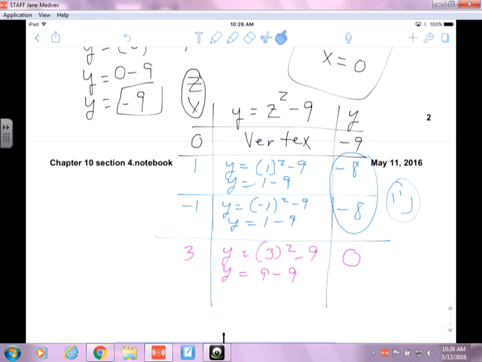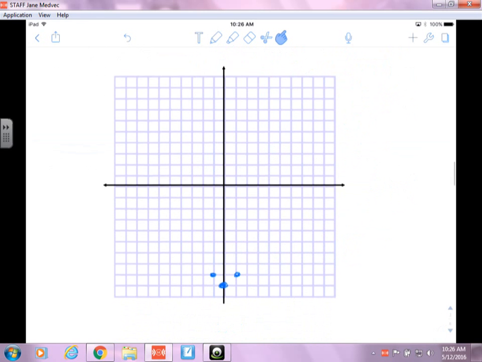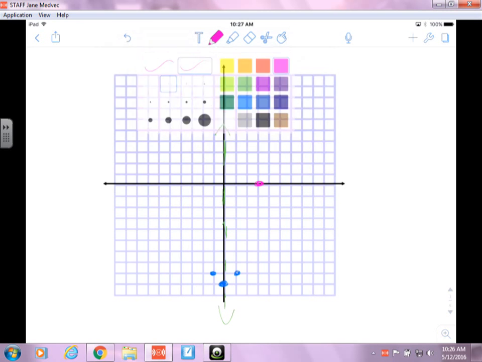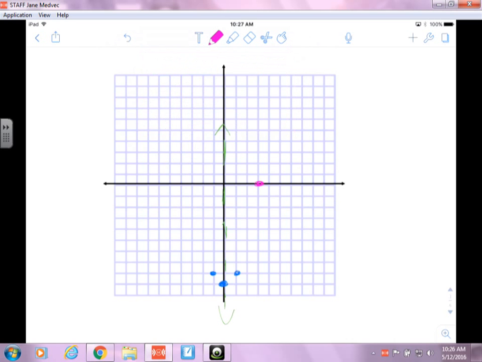So now what I'm going to do is come up and graph it here. And remember, in the past, we had the axis of symmetry, and that was right here, wasn't it? Now, how far is that pink dot from the axis of symmetry? 3, right?